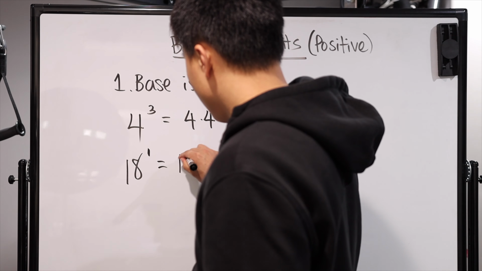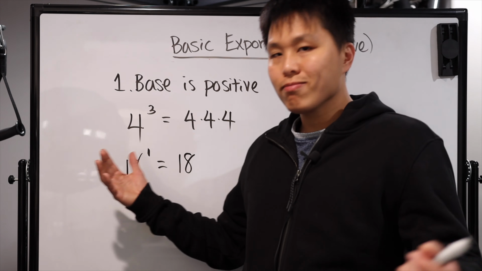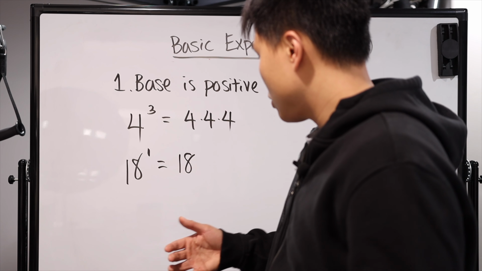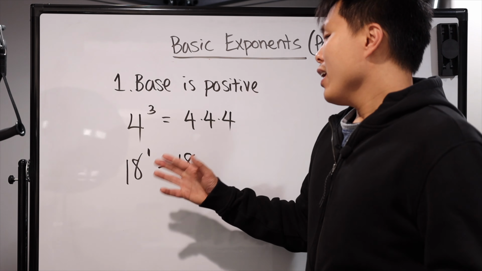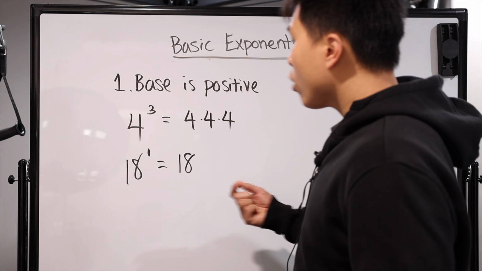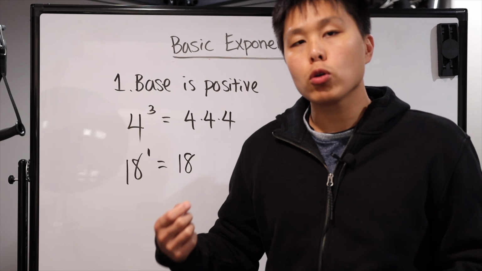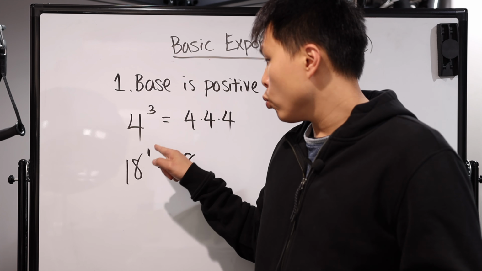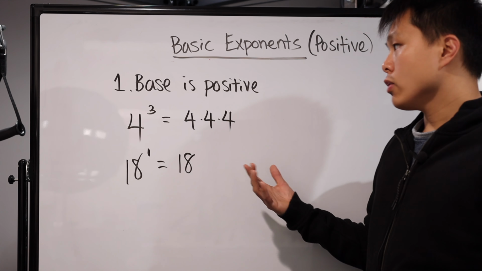Now, normally when you're messing with numbers, it doesn't really matter. I wouldn't put the invisible 1 as an exponent just to be posh or bougie or any of that. It's just a number. However, when you are working with exponents, as we start adding operations, as we're multiplying exponents together, you can imagine that there is an invisible 1 right there. And that's basically it.